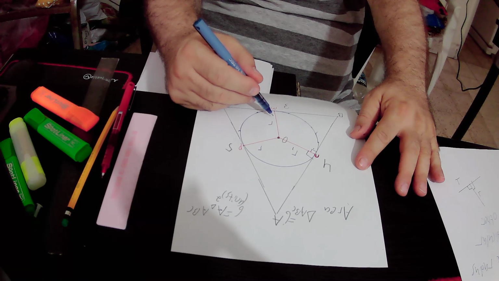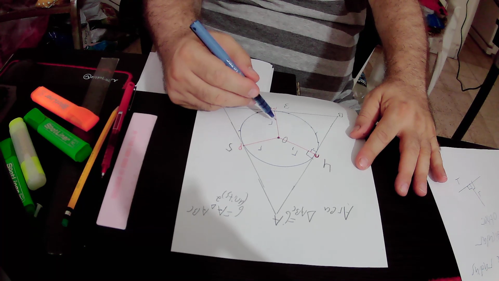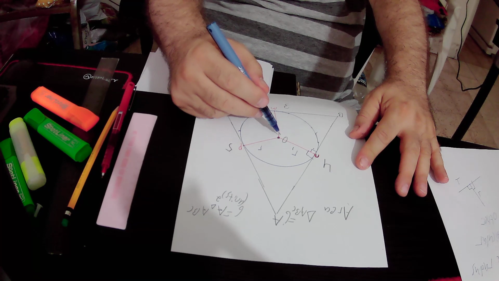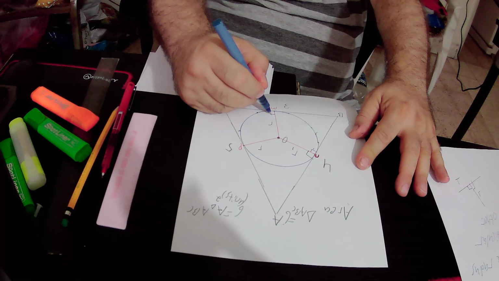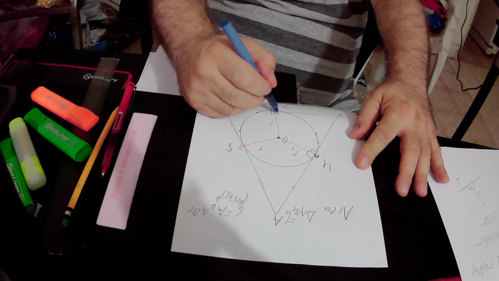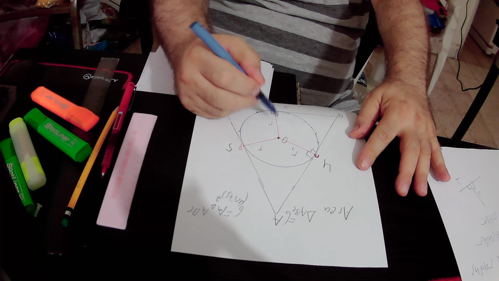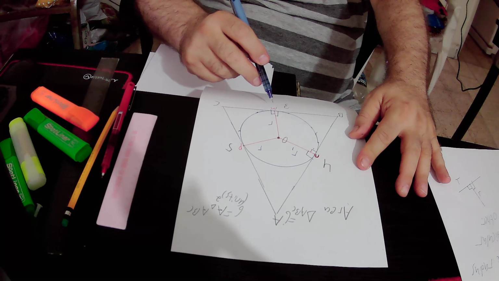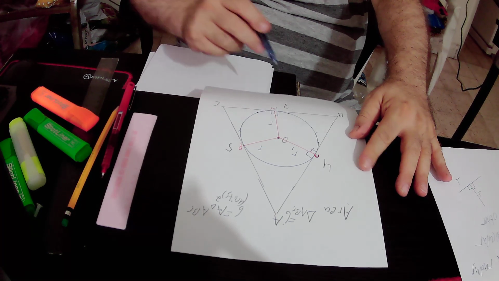For that reason, according to rule number 1, the radius is perpendicular to its tangent. That is to say, angle OMC equals 90 degrees, and also angle OMB equals 90 degrees. Okay, because the radius is perpendicular to its tangent. For that reason, this angle is 90 degrees, and this angle is also 90 degrees.